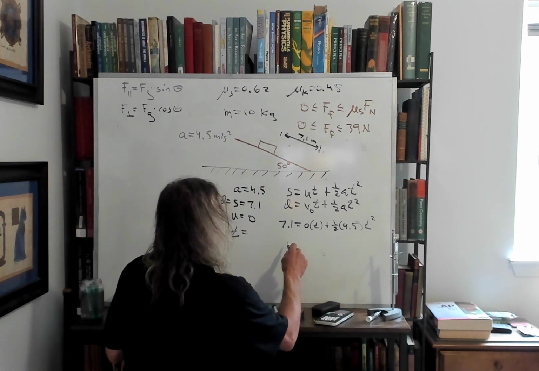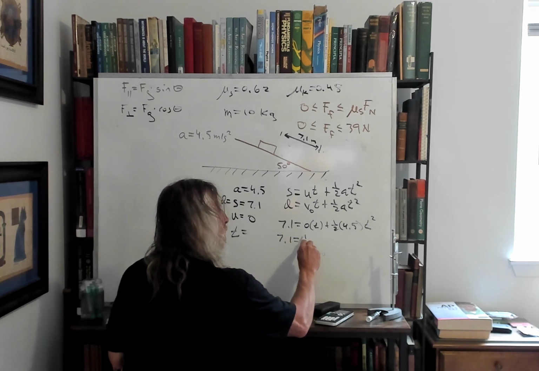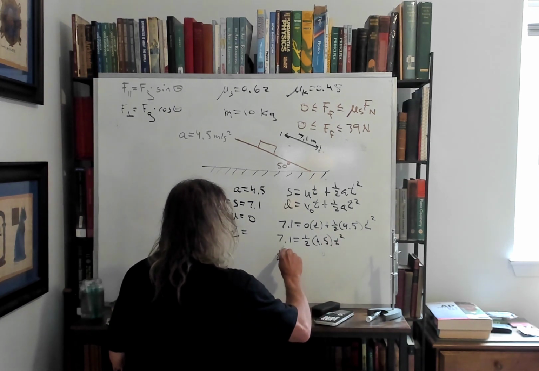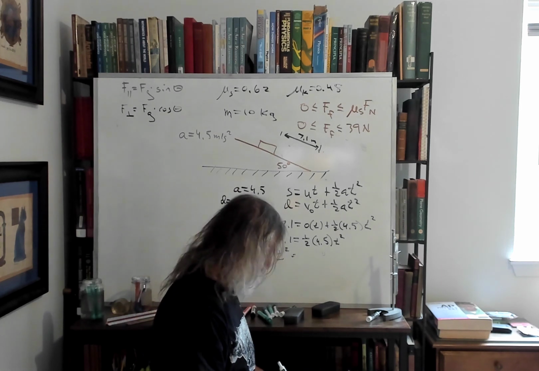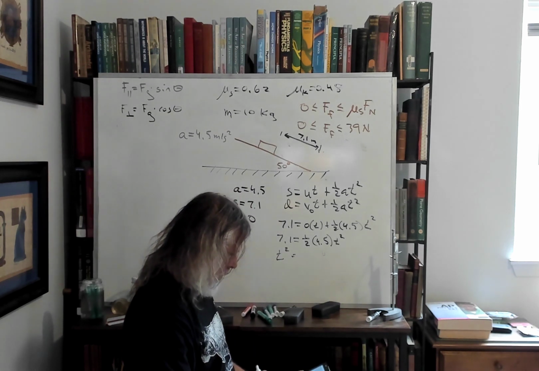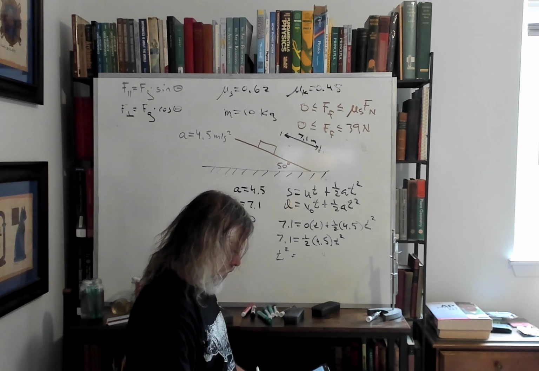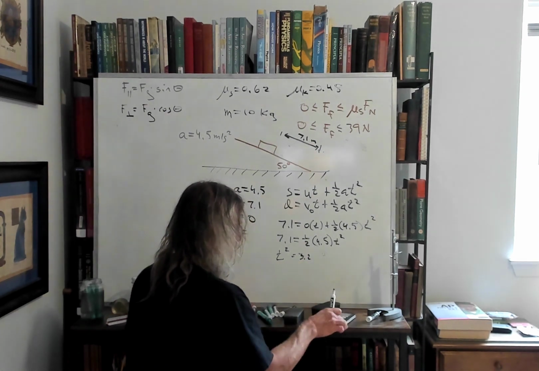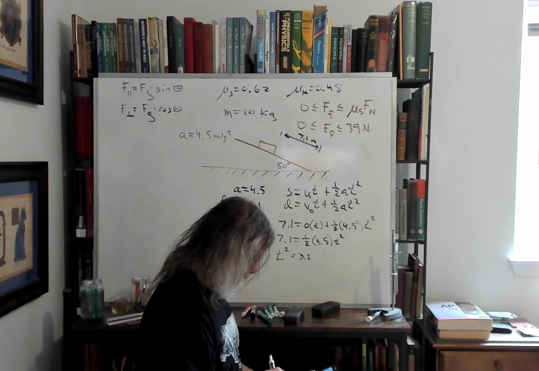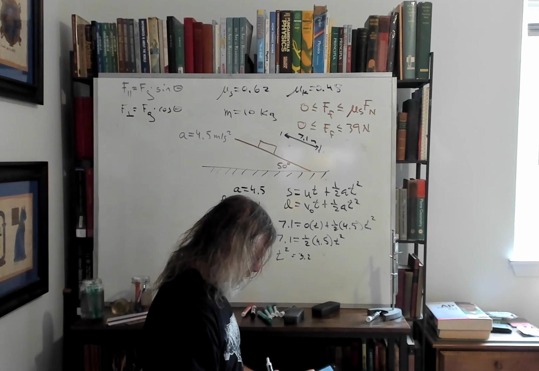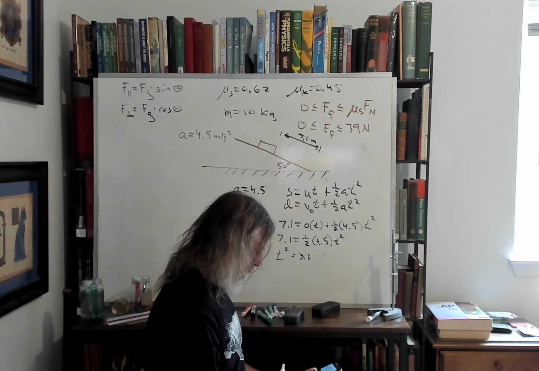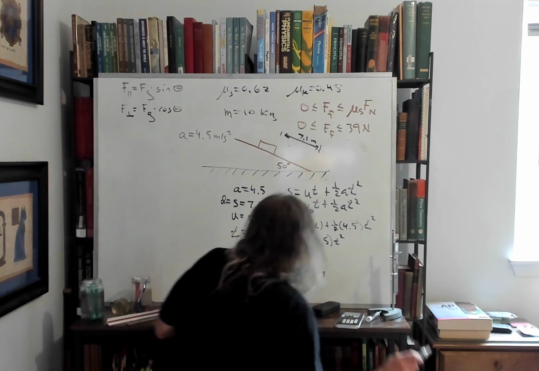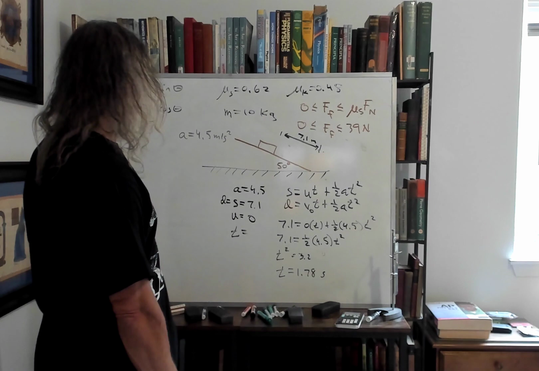So 7.1 is 1/2 4.5 t squared. T squared would be 14.2 divided by 4.5, 3.2, and then square root. So about 1.78 seconds.